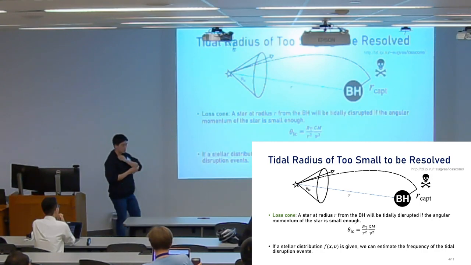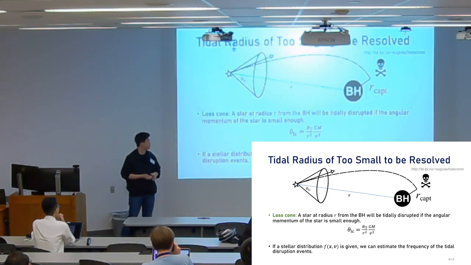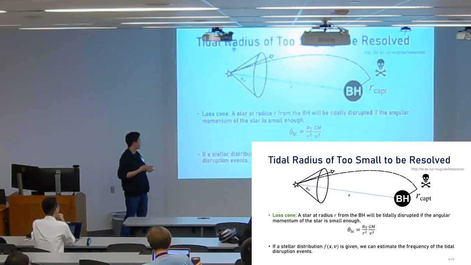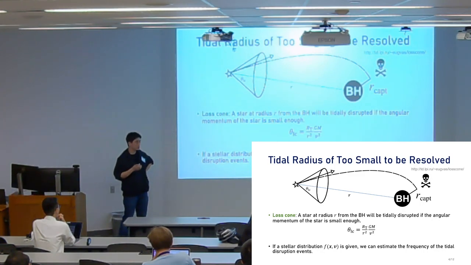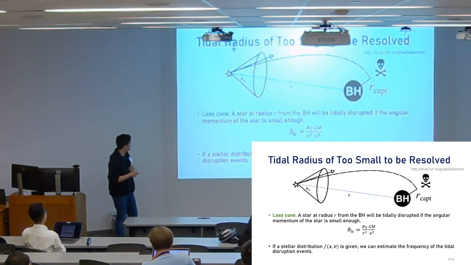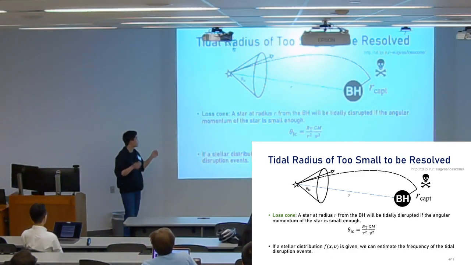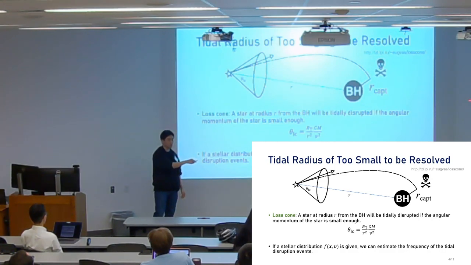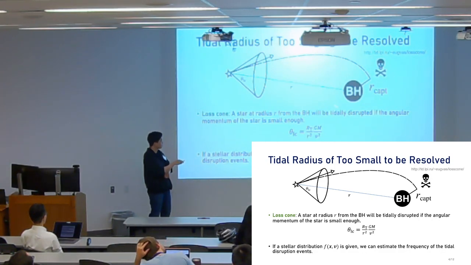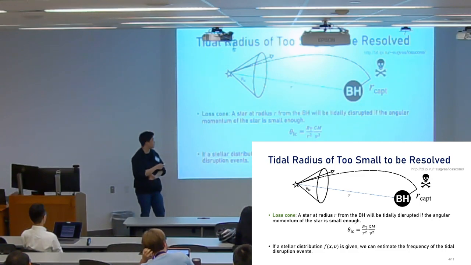So instead of directly modeling the tidal disruption accretion, I chose to model it with a statistical approach, called loss cone theory. Imagine a star has a small angular momentum, then the star will pass really close to the black hole, within the tidal radius, so it can be tidally disrupted by the black hole.